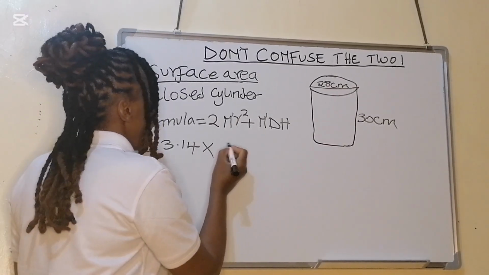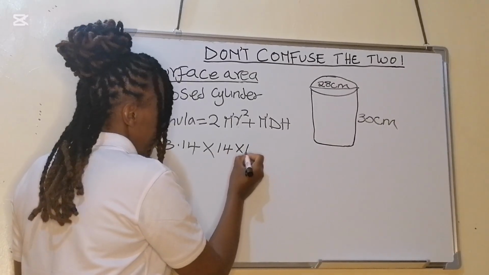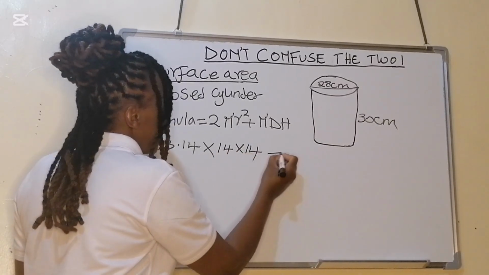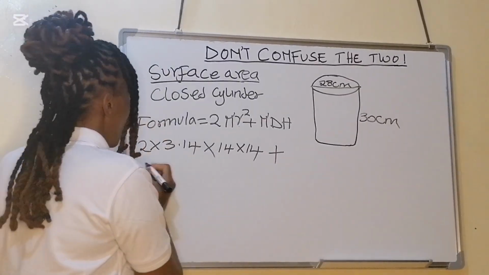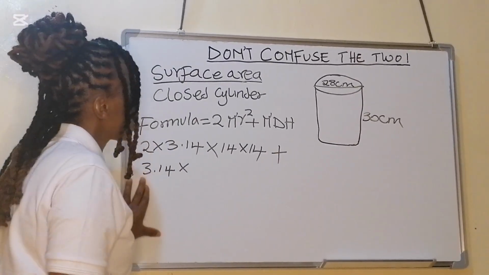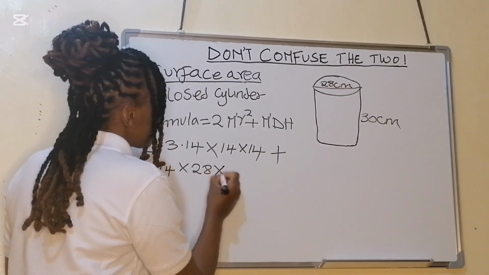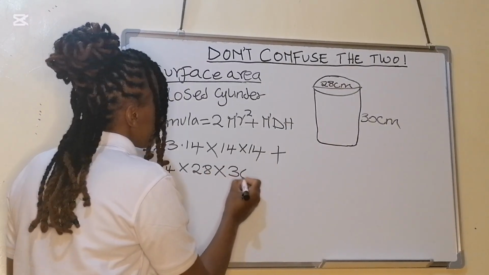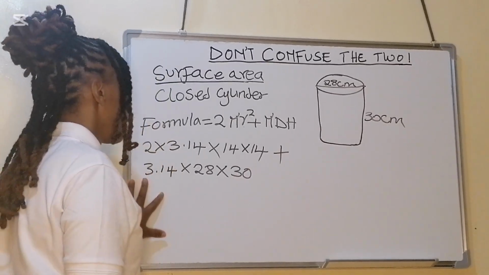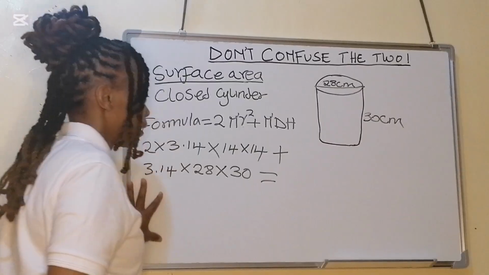Times r, we have said it's 14, times 14. Plus pi, which is 3.14, times diameter is 28 centimeter, times height, which is 30 centimeter. Okay, so what's the answer?